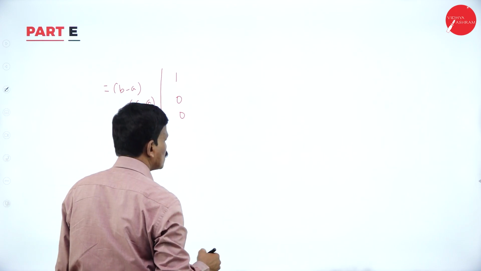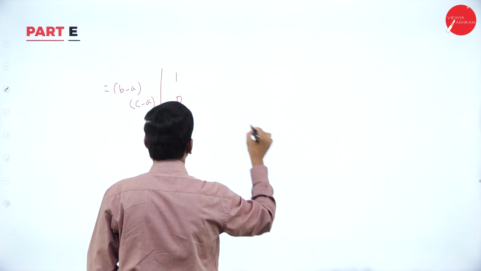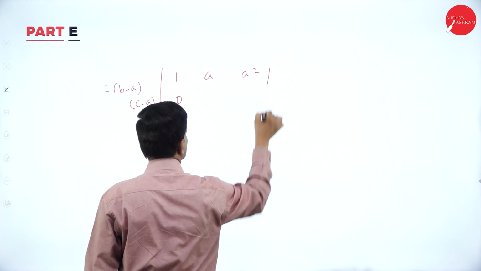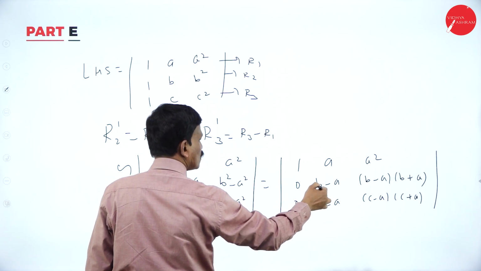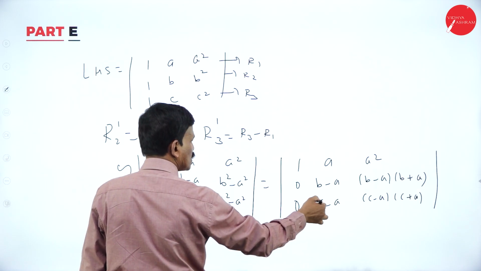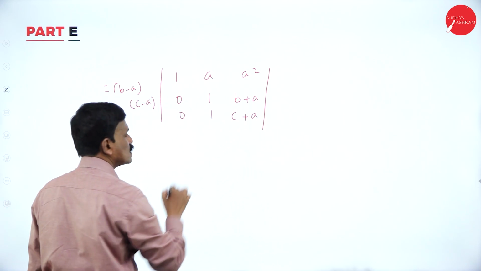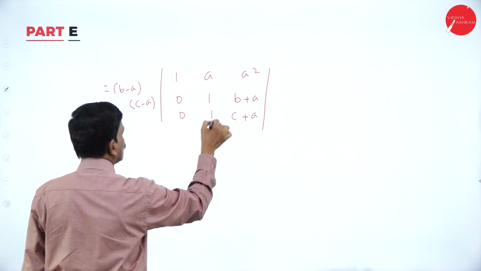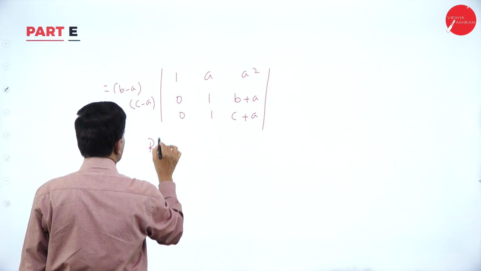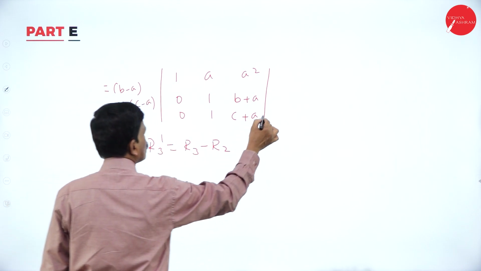Then what we will get? So here it is a square, a square as it is. B minus a is gone: 1 and b plus a, 1 and b plus a. Here c minus a is gone: 1 and c plus a. Now convert this 1 as 0. So to convert this 1 as 0, take R3 dash is equal to R3 minus R2, this minus this.